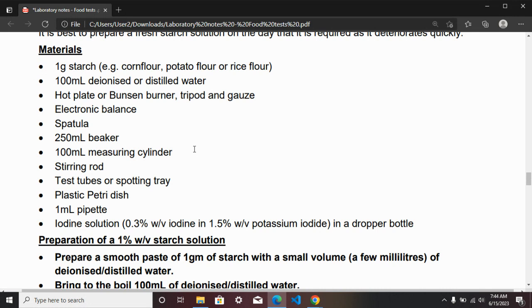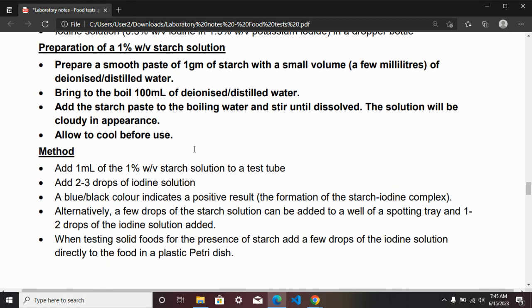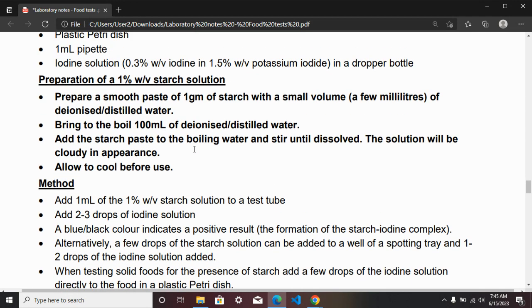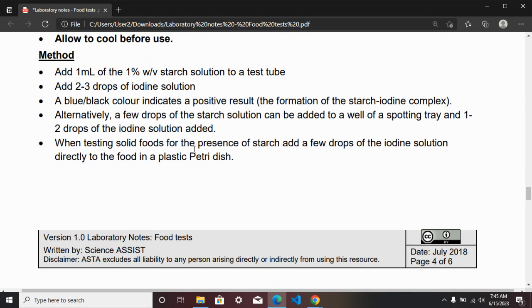And then 1 milliliter of distilled water, a hot plate or Bunsen burner, a tripod like a stand, and gauze, an electronic balance, a spatula, a 250 milliliter beaker, a 100 milliliter measuring cylinder, a stirring rod, test tubes or a spotting tray, a plastic petri dish, a pipette, and iodine solution or potassium iodide. Yes, you can even take potassium iodide in a dropper bottle.